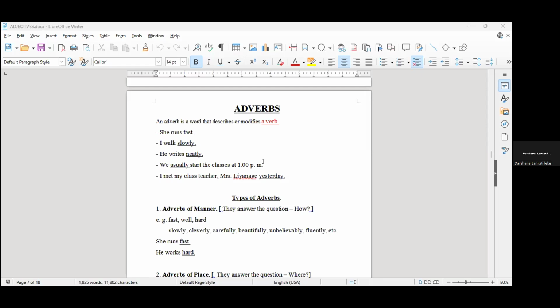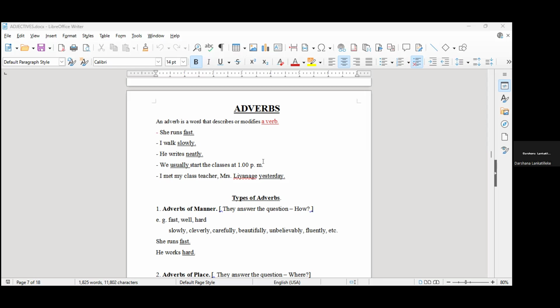Usually start. So usually is the adverb here. There are different kinds of adverbs. We will learn about them separately. So here the adverb is usually. This describes the word start here.